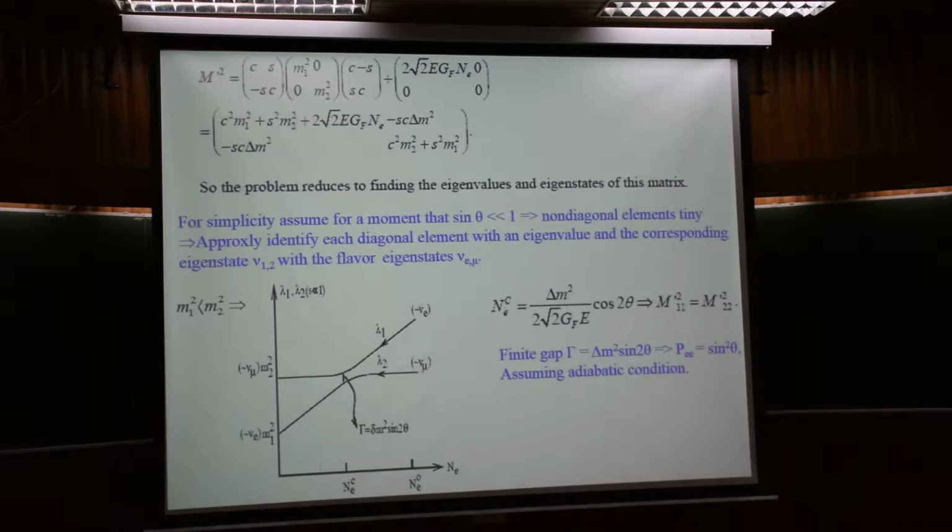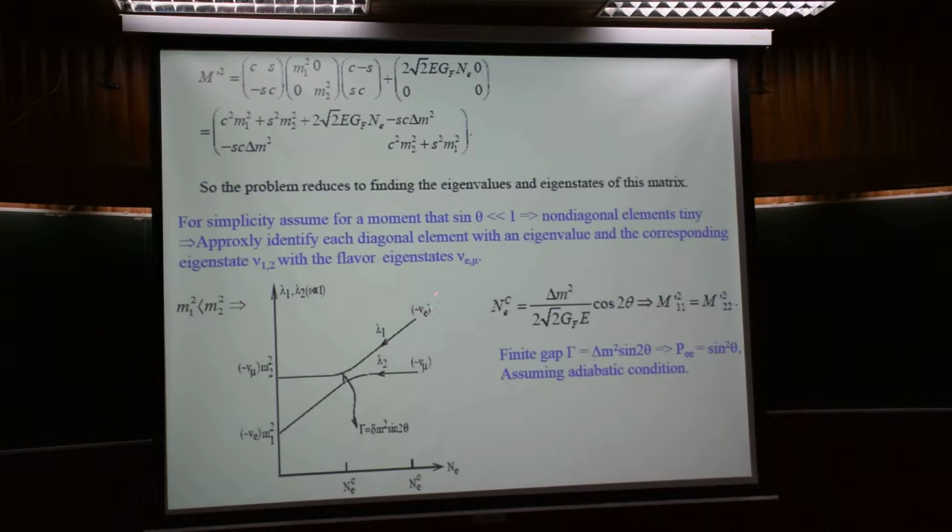So A plus B whole square minus 4AB gives you A minus B whole square, the two diagonal elements. So there will always be a finite gap, and you can calculate that gap, A minus B. This is given by the off-diagonal. Okay, so let us try to see what is happening.